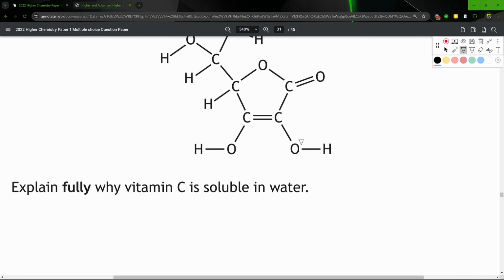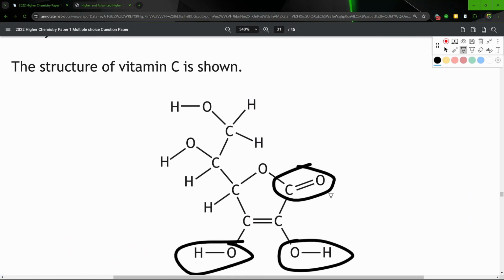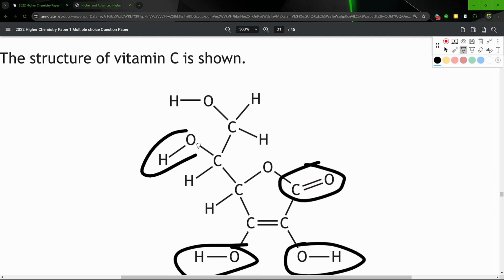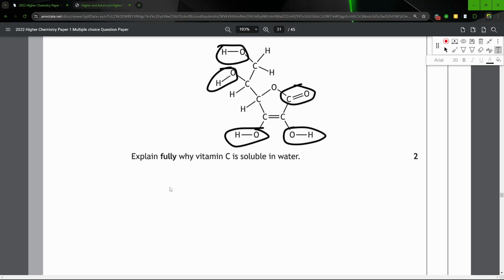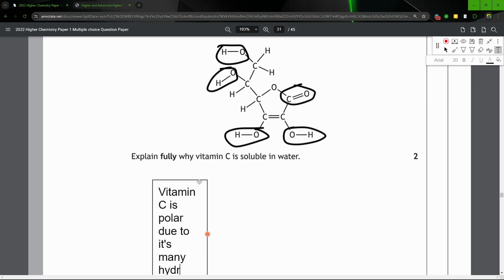As you can clearly see here, we've got these OH groups. We've got this double bonded. So yeah, we've got even more OH groups, and that means that this molecule is very polar, so it will be dissolved by water. So you can say vitamin C is polar due to its many hydroxyl functional groups and carbonyl functional groups.